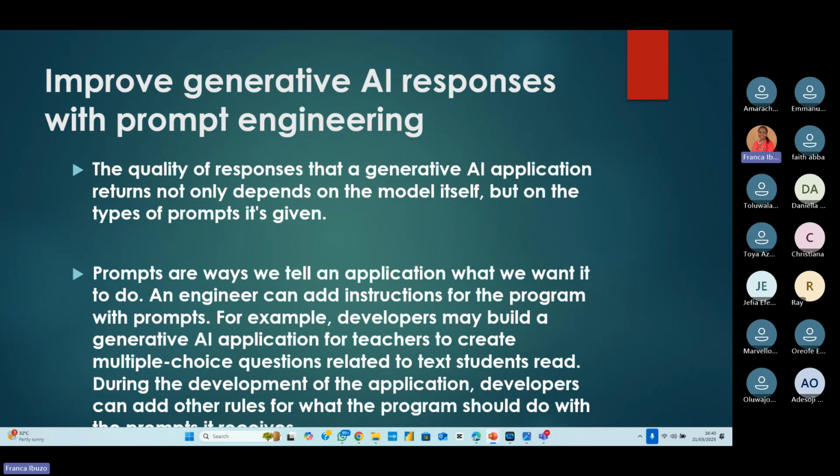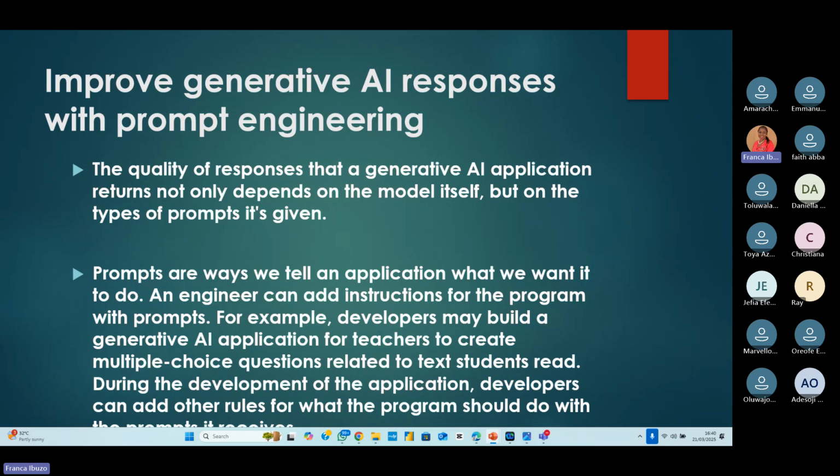That's what I just explained. So you need to also learn the right way to prompt the model. Prompts are ways we tell an application what we want it to do.